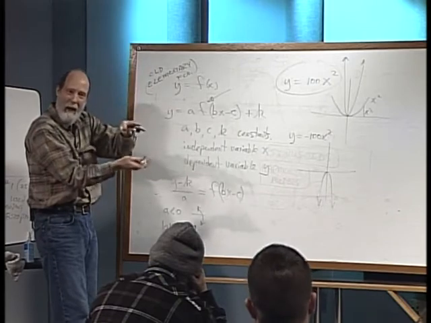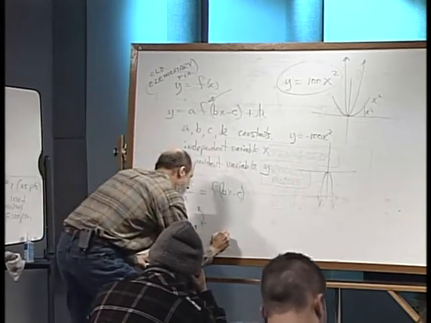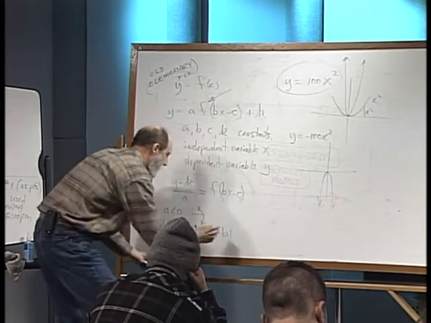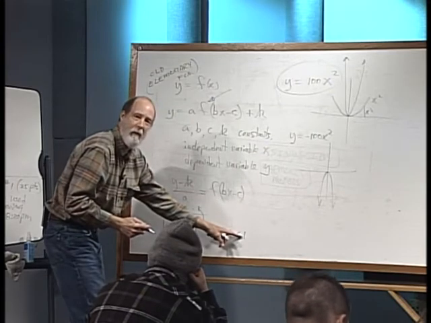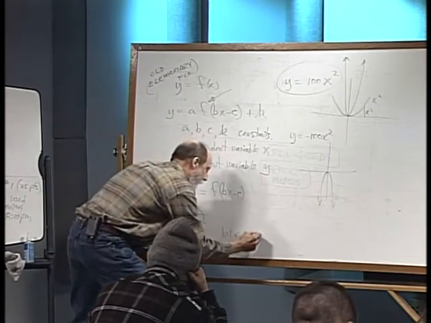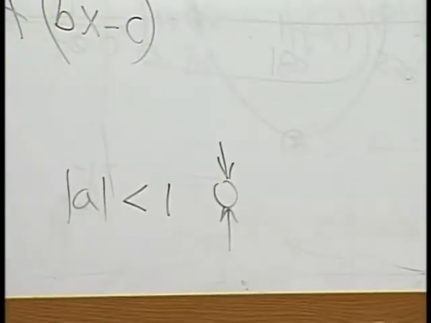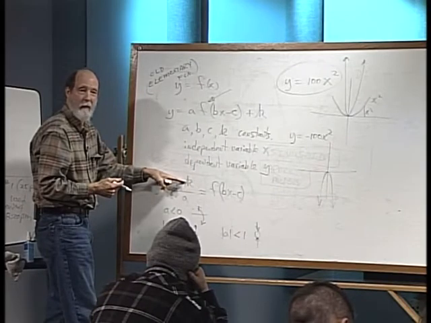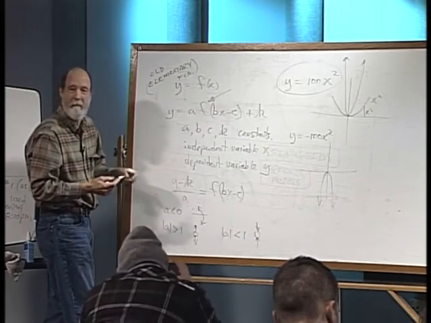Yeah, it's going to make it half as tall, isn't it? So if the absolute value of that coefficient is less than 1, things like a half, a third, a tenth, a millionth, it's going to act as a vertical compression or a squeeze on the graph. And we already talked about the K. The K is a vertical shift, up or down.